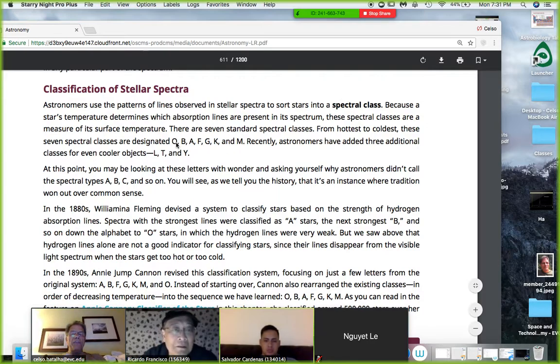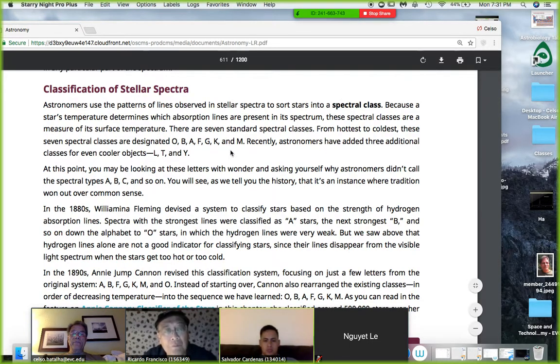And the classification is now such that besides those letters, you have numbers in between them. So the hottest possible star is an O0, and then it goes O0, O1, all the way to O9, and then B0, B1, all the way to B9, and so on.